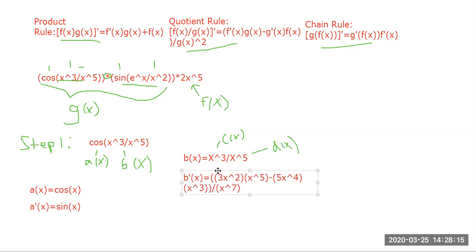Okay, so now we have a of x, a prime of x, b of x, and b prime of x. So we can use our chain rule to finally get this first half of the final derivative. Using that, we got the chain rule up here.